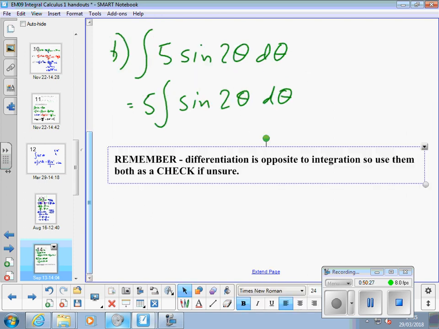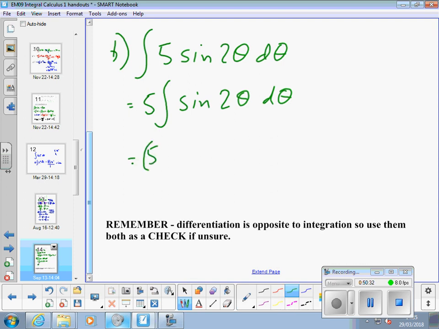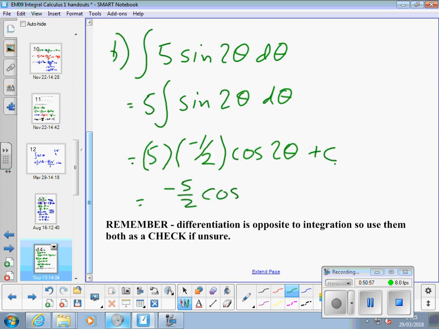So I've done up to the constant number. Minus 1 over 2 cos 2 theta plus c equals minus 5 over 2 cos 2 theta plus c.